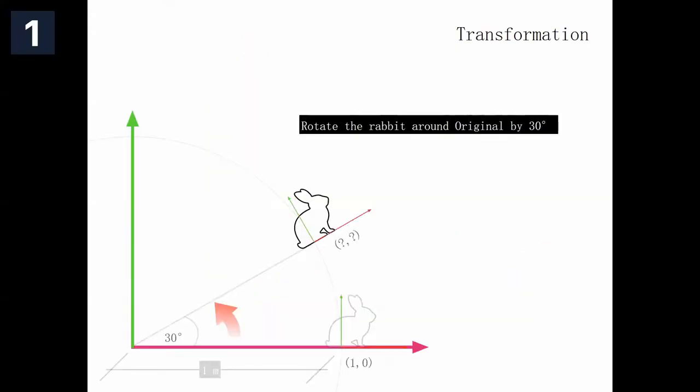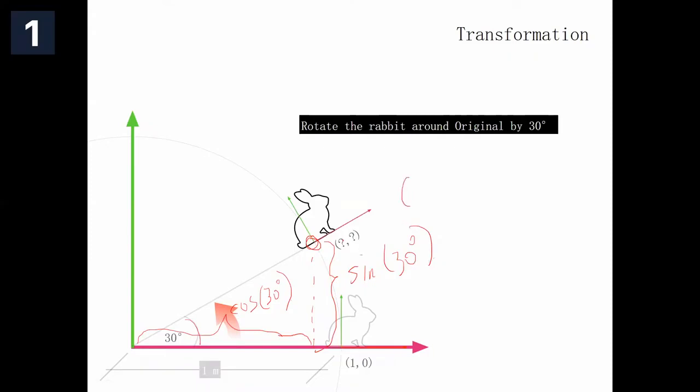My question is, if I rotate 30 degrees, where is this rabbit located? It's easy to answer, because if I do this, you can see this is cosine 30 degrees, and this is sine 30 degrees.